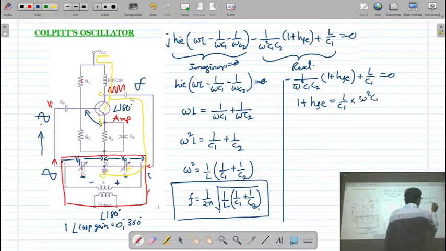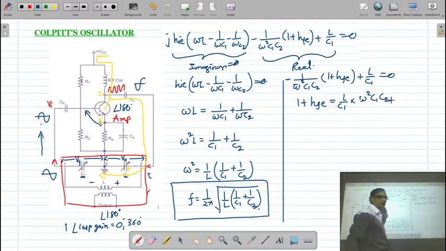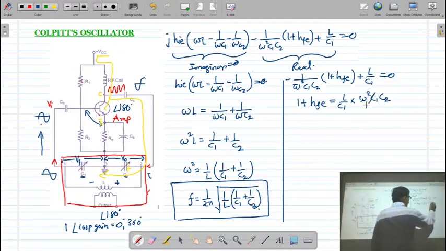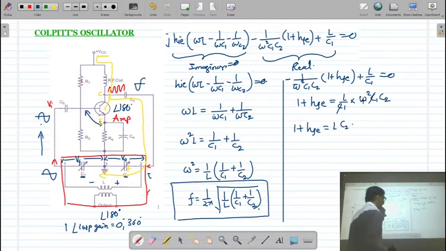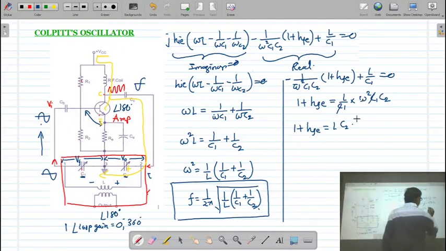Here the C1 will be cancelled out, and we have L into C2 into omega square, and omega square is 1 upon L into 1 upon C1 plus 1 upon C2.